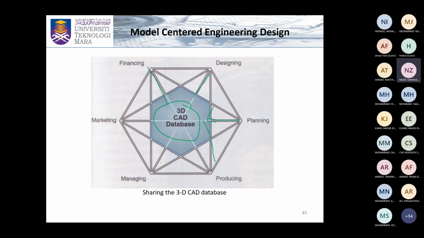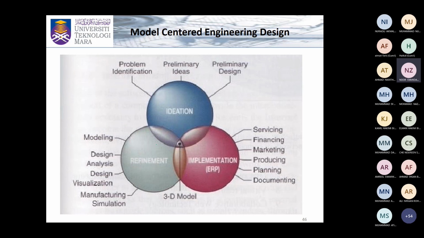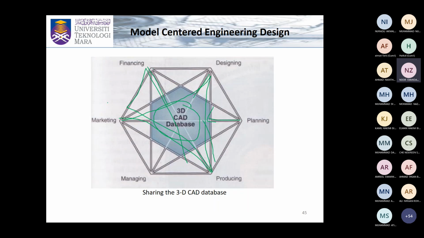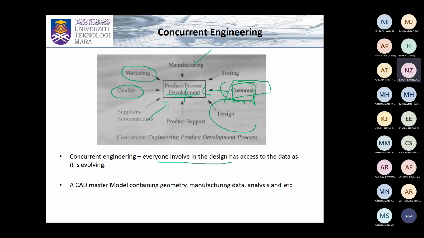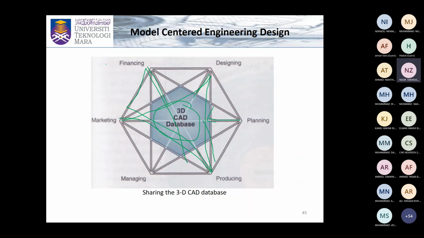So you see, it's a complete crisscross of information. The manager knows what's happening in finance. The production person knows what's happening in marketing. This is a scenario where even the technician will meet the CEO. That's not the case in the sequential process. So in a concurrent process, everyone is aware of the evolution of the product.